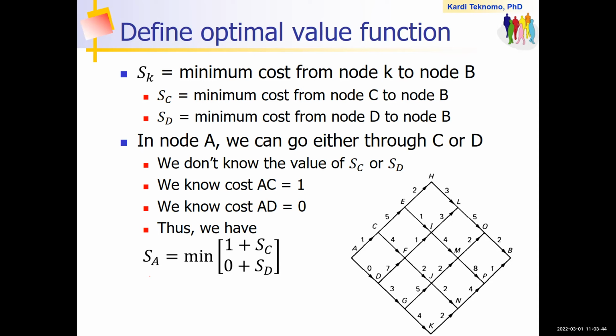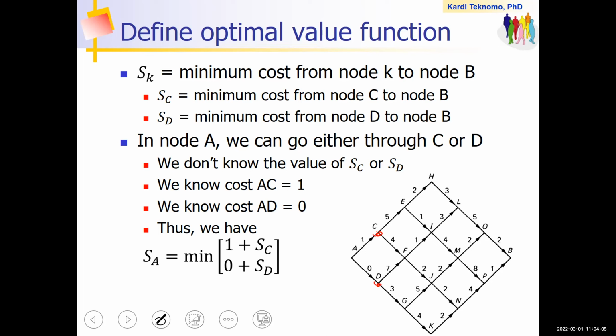Okay, so this is C, this is D. So in that case, now we will say, okay, if I want to get SA, that is what? The minimum cost from A to B. B is the goal node. Okay?